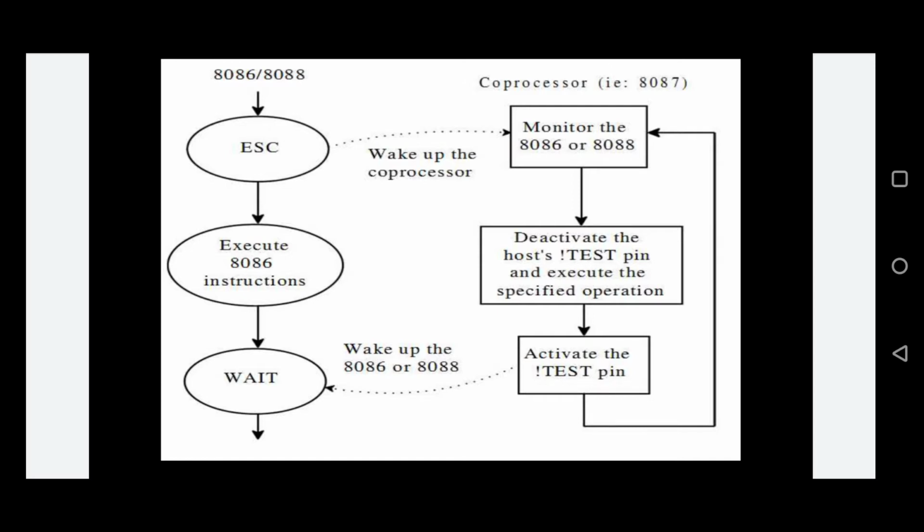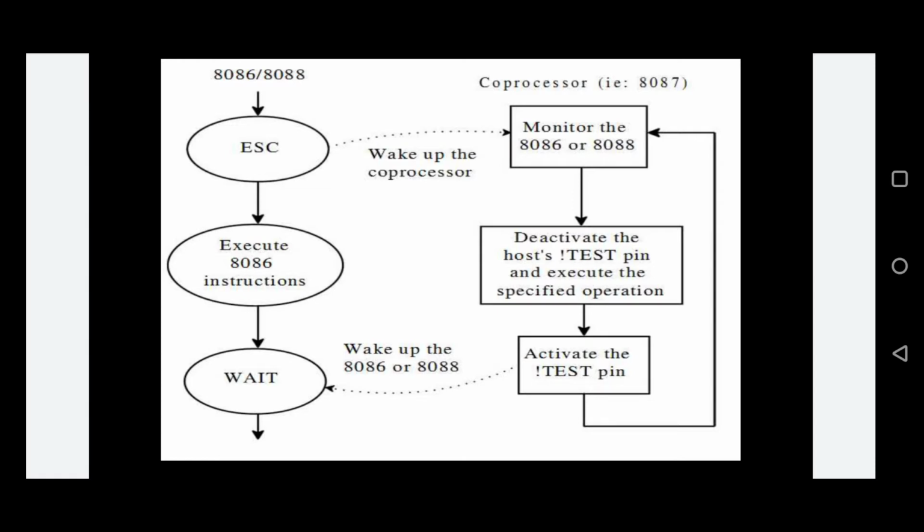First instruction is escape, that's the very first one. Next, the host CPU identifies coprocessor instructions using escape code bits in them. That is very important. Once the CPU recognizes the escape code, it triggers execution of the NDP, that is, the 8087 instruction in the 8087.